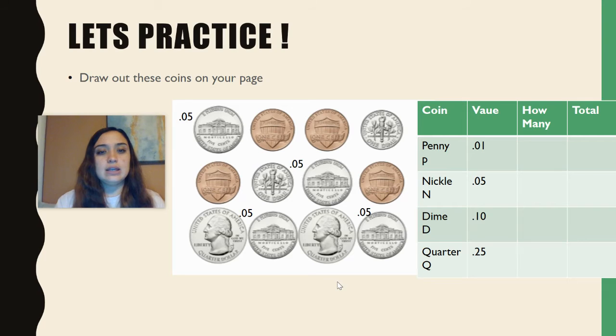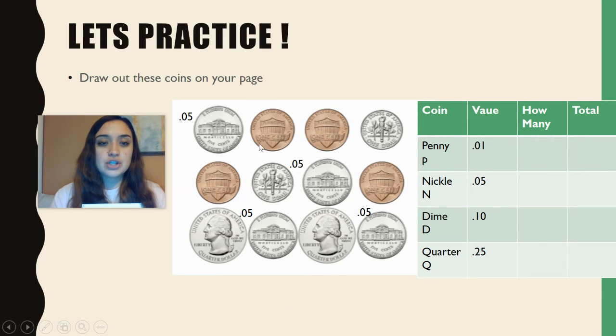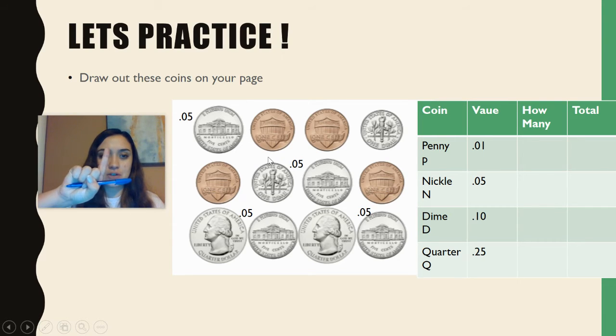Now we're gonna go ahead and look at the next coin. This one's pretty easy. Everyone, show Ms. Acosta in your camera with your fingers how much is this one worth? Yes, right? So this is a penny and it is only worth 1 cent. So you should have showed her the number 1.